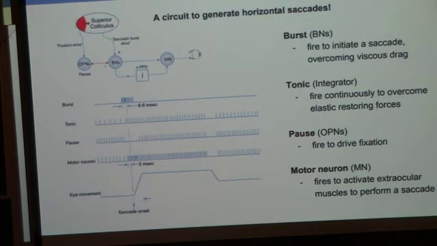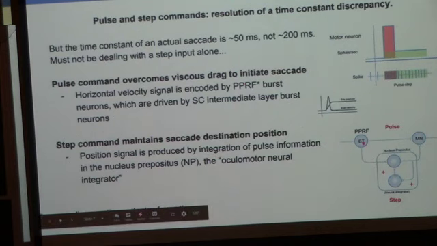Yeah, the question: how does the integrator take the burst or the pulse and make it into a step essentially? So basically you just have the pulse going into the nucleus prepositus, and it's like a positive feedback loop, which just keeps adding the pulse input, so it keeps maintaining it.